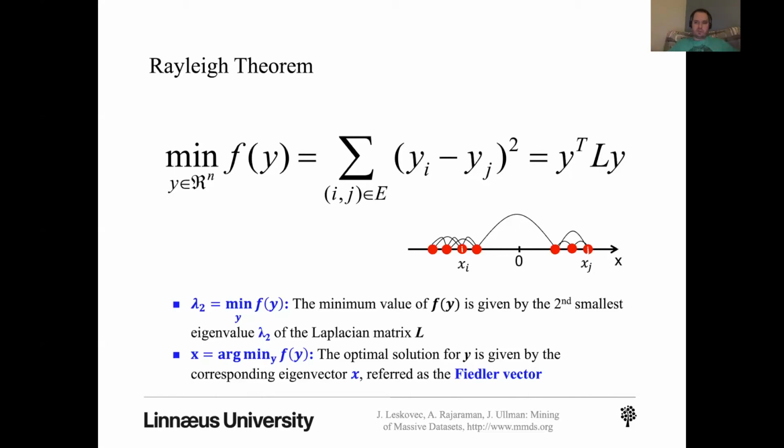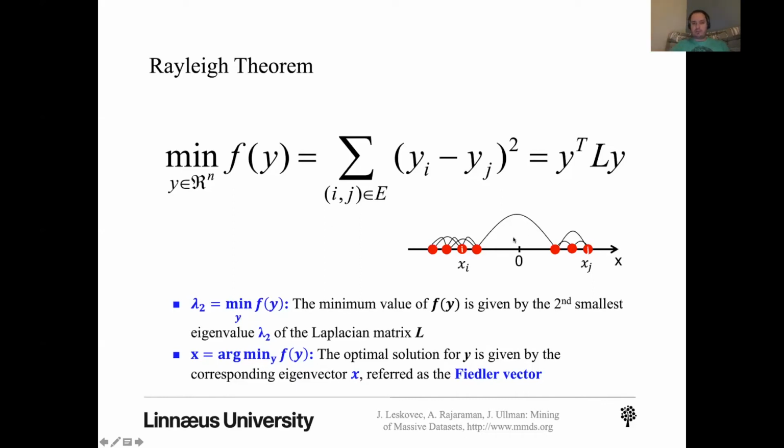We won't go into details of that. I hope you understand what it means to extract eigenvalues and eigenvectors, because these are just requirements. It's out of the scope for this course. So you extract the eigenvalues and eigenvectors of this matrix, and then you take the second smallest one. That is the solution to your problem.